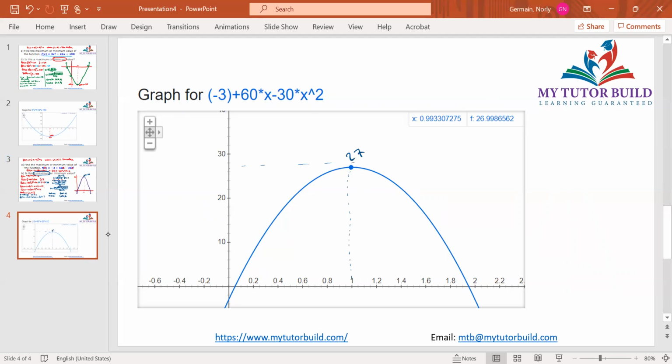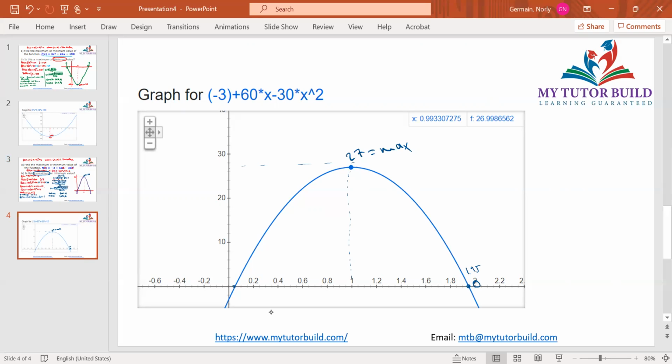So we know the maximum is 27. As you see, this is 2 right here, and one of our intercepts is 1.95, and the other intercept is so close to 0, it's really 0.051, so it's somewhere here.